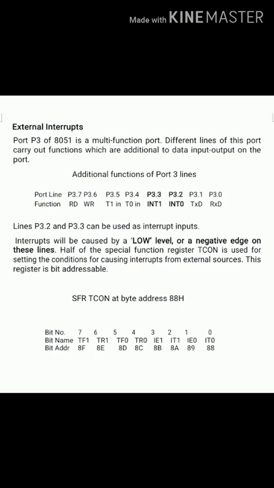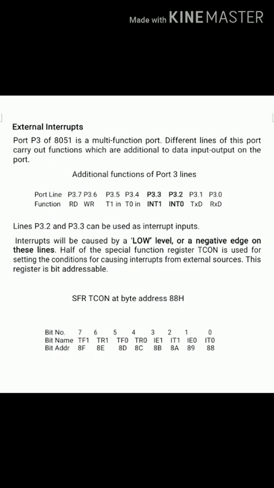Fine, that is one thing. And you can also see IE0 and IE1. Whenever the external interrupt occurs, IE0 or IE1 becomes 1, which gives the status of the external interrupt. If it is 1, it says that the external interrupt has occurred. If it is 0, it says that the external interrupt has not occurred.